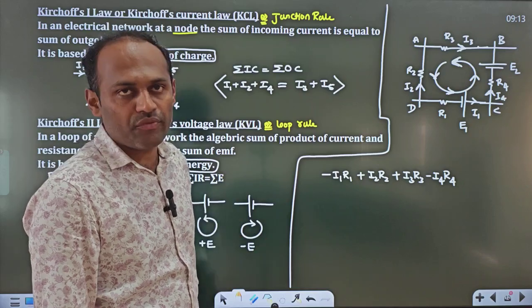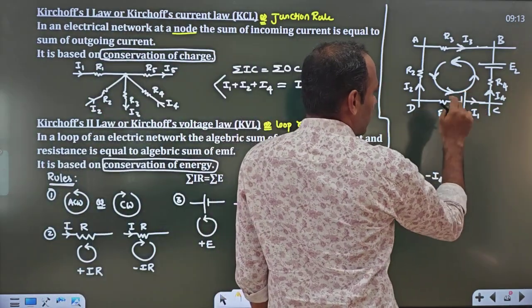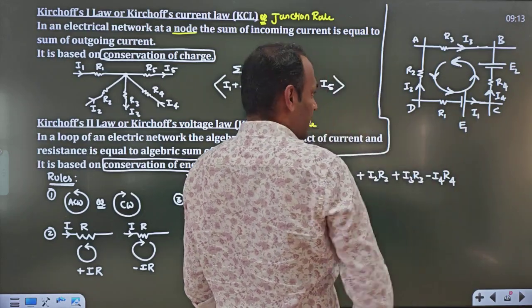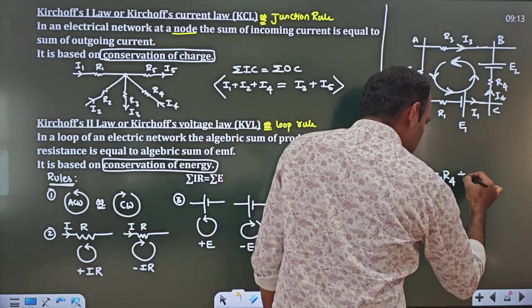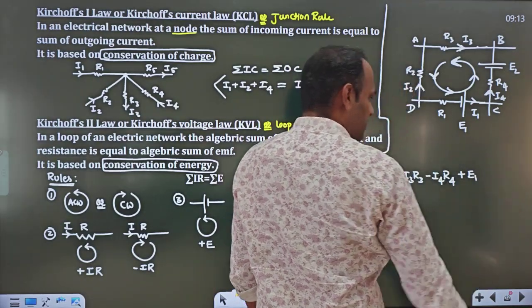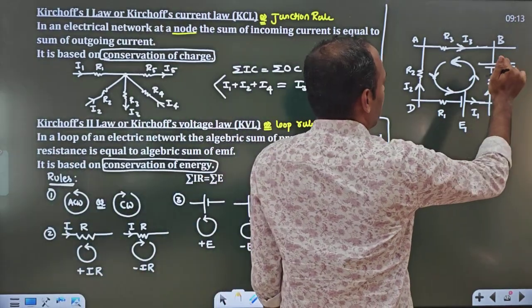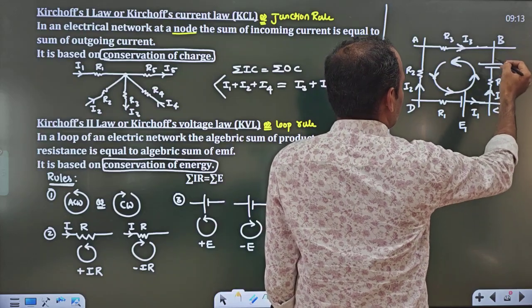Now go for EMF. Look at the first cell: the direction we have taken is passing from negative to positive. Right? So if it is moving to positive, it is plus E1. Next, here also the direction we have taken is from negative to positive.